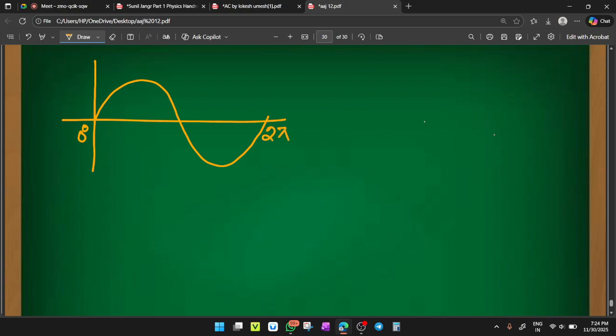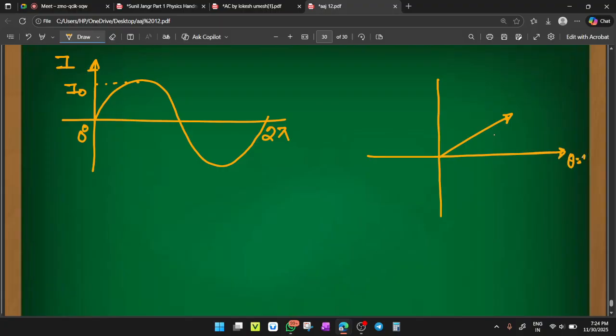So here, considering this varying current I, its maximum value equals I naught. The current can change its value starting from 0 degrees, where theta equals 0, and time to time it will vary.